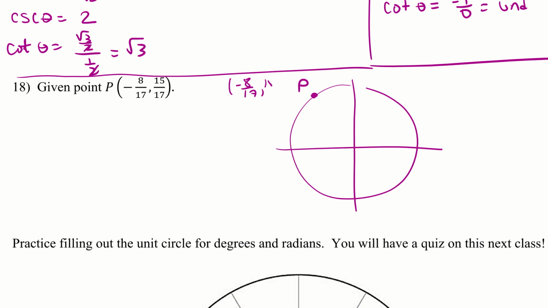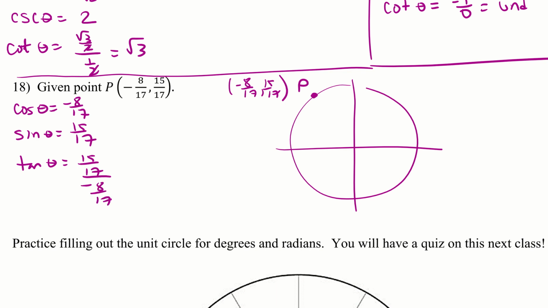And I have the x and y values, which means once I know those values, I can find all of the 6 trig functions. Cosine will be the x value. Sine is the y value. Tangent is y over x, so a little bit of reducing here.